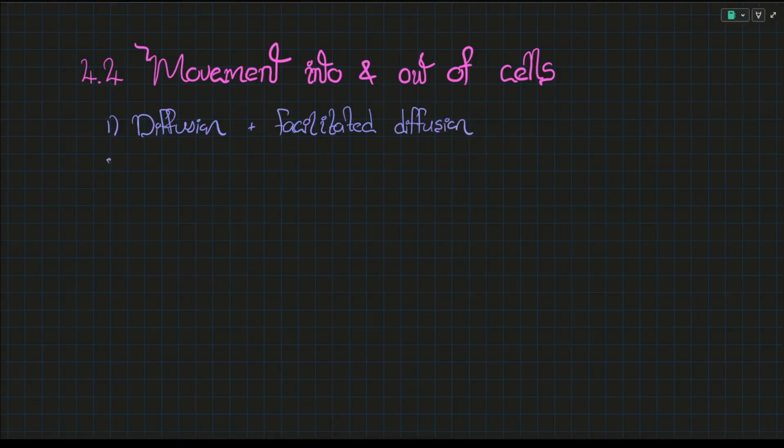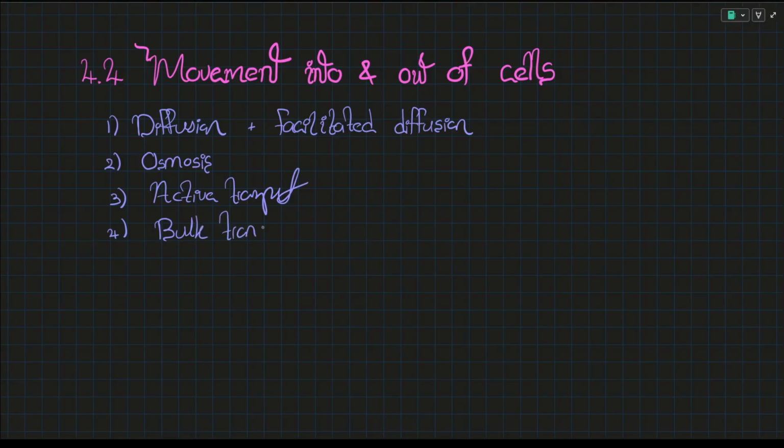Then, number two, we have to talk about osmosis, something you have also known. Active transport, same spec. And then we have something interesting and quite new known as bulk transport.